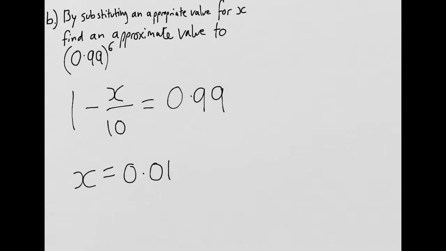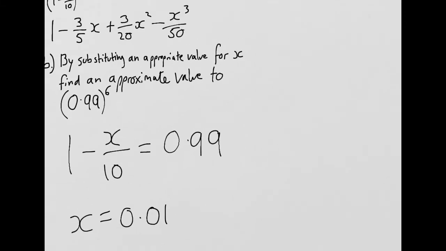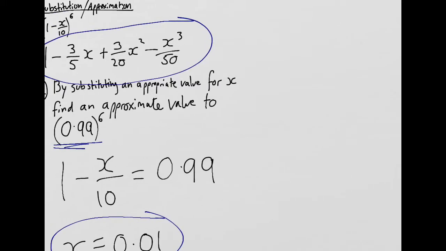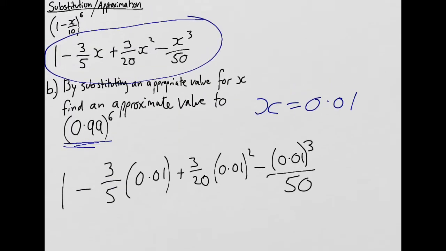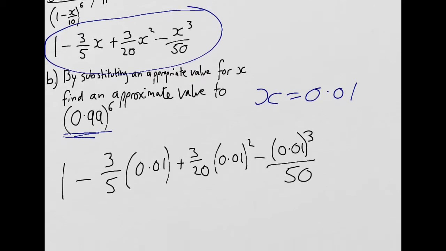So that's the first bit of the question, worth a few marks. But what we need to do though is put x equals 0.01 into our expansion, and that will give us an approximate value for the bit they're asking for there. So let's do that very quickly. We will end up with 1 minus 3/5 of 0.01 plus 3/20 of 0.01 squared minus 0.01 cubed over 50.